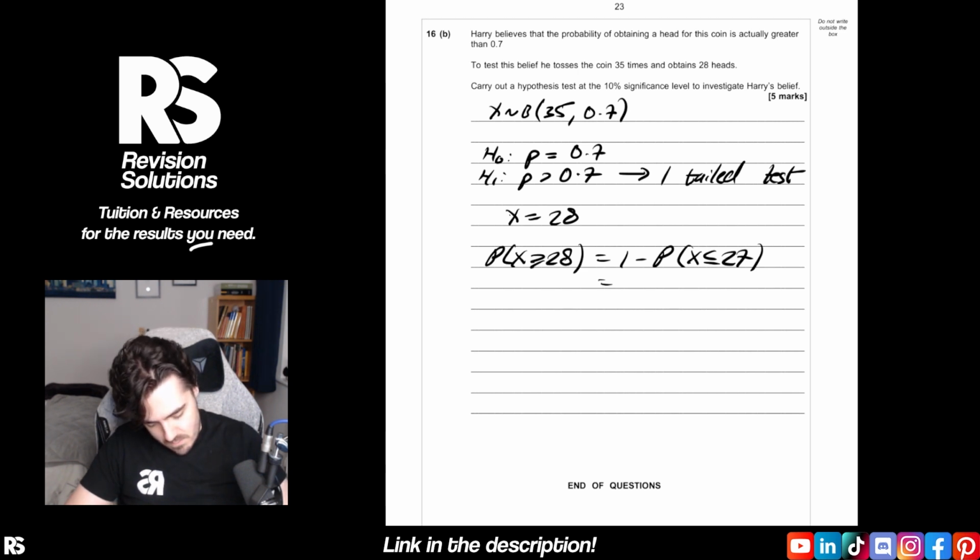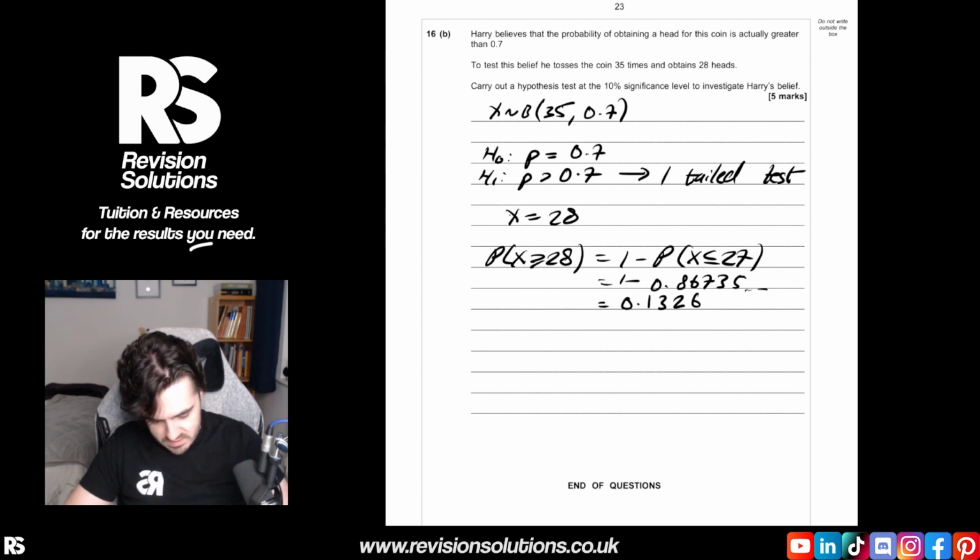So we'd get 1 minus 0.86735... which is going to leave us with 0.13265.